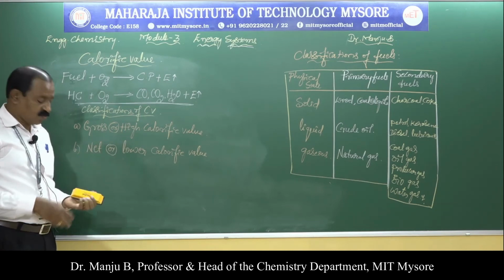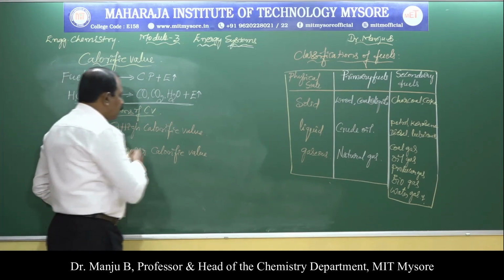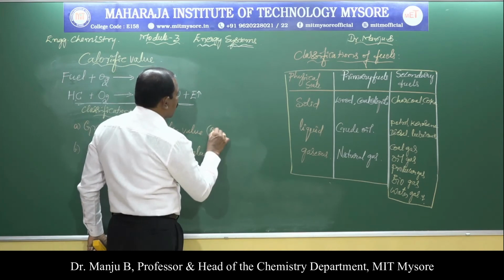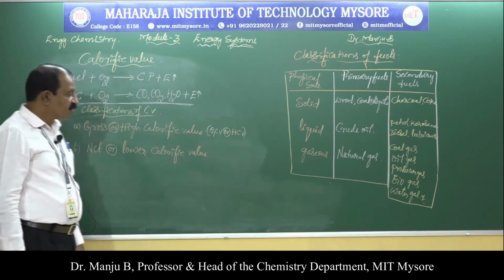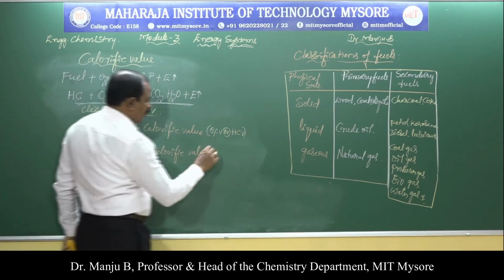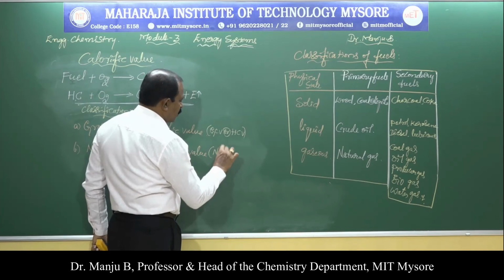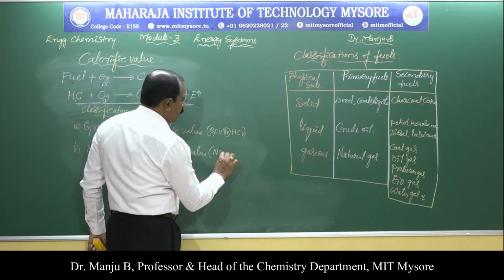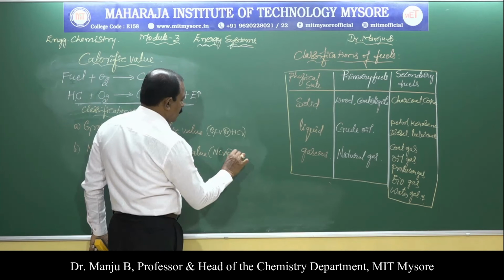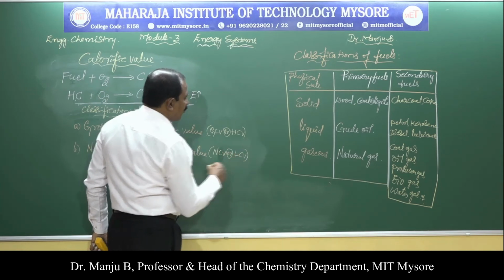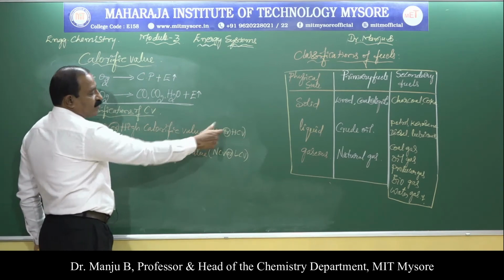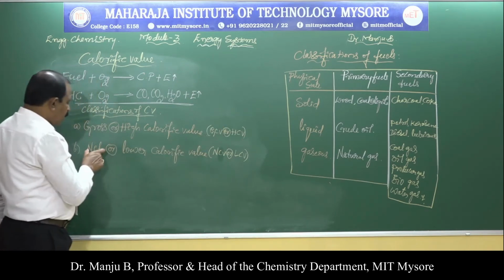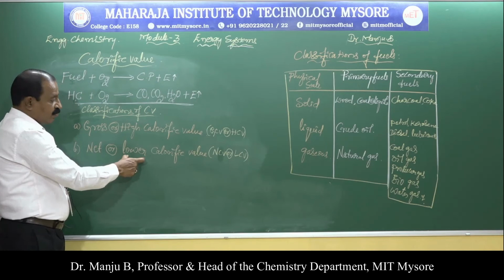That is the short form. GCV means gross calorific value, or it may be called high calorific value. Don't confuse that. Net calorific value, the short form is NCV, or it may be LCV, low calorific value. Gross means high calorific value. Net means low calorific value.